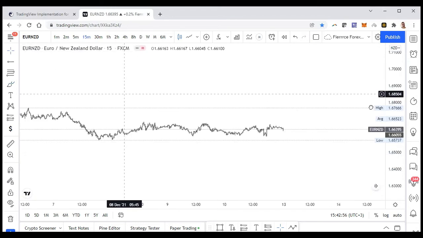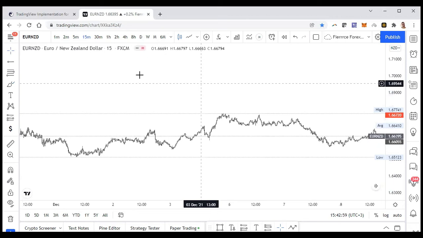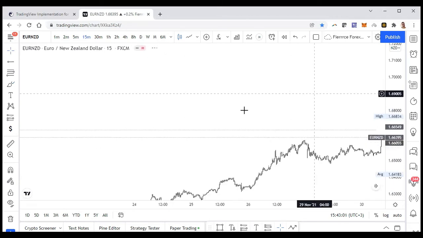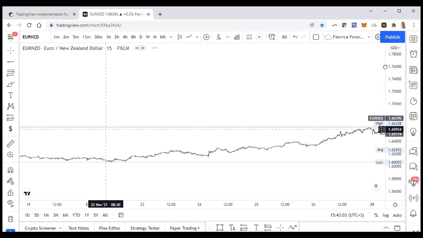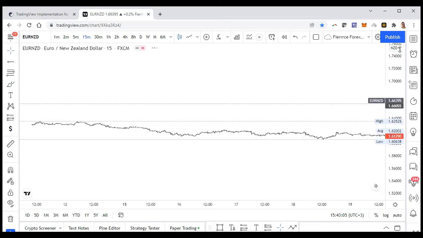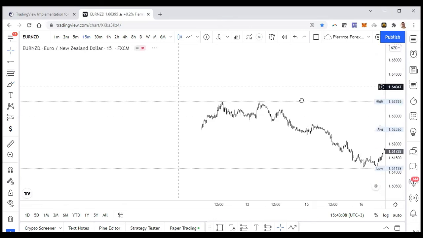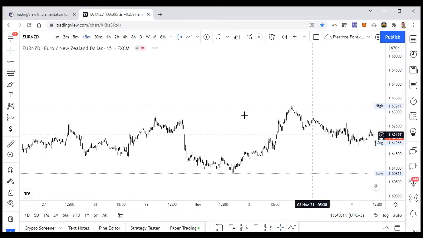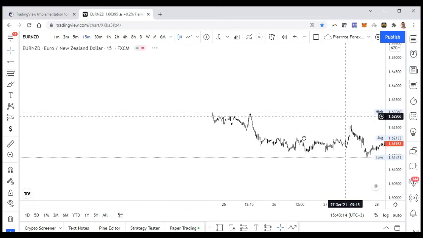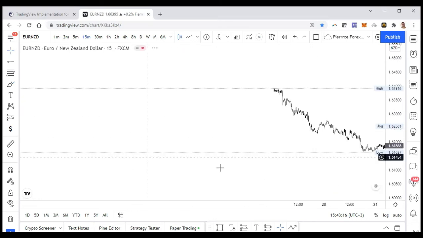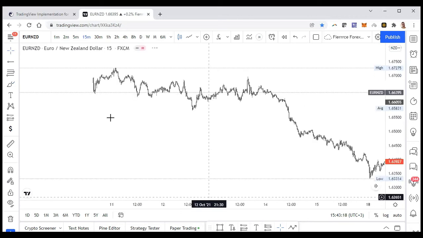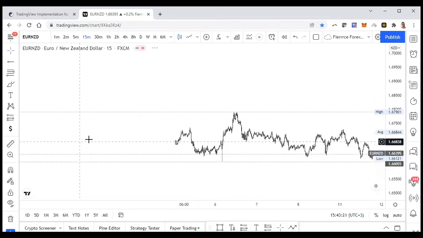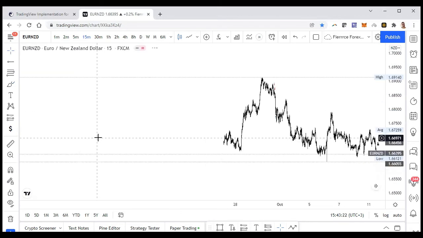Let's see. I think on this other side. Okay, just hold on, guys. Hold on. I'm trying to look for where we had marked out the chart.